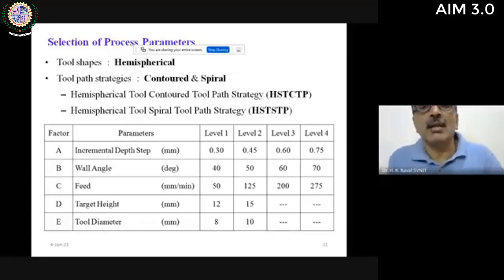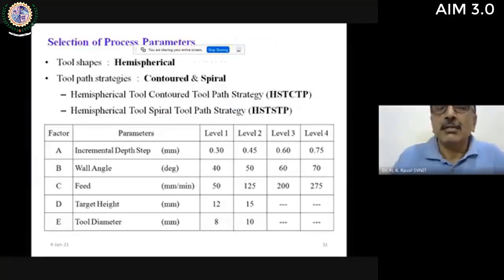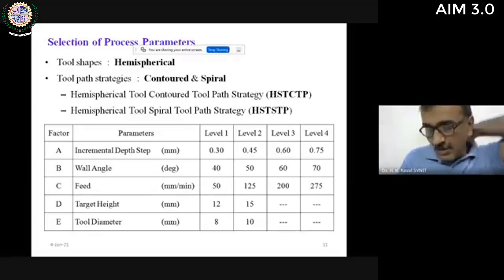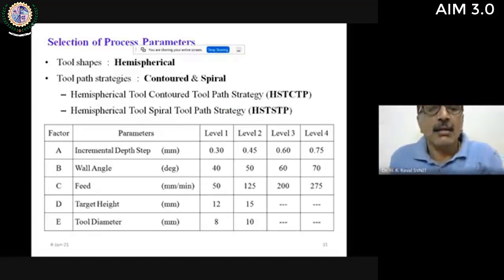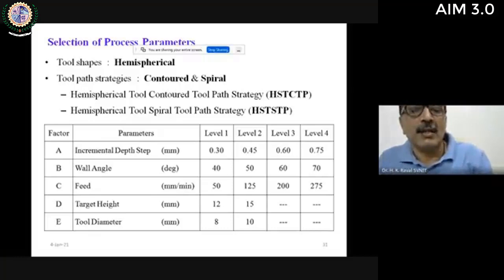This is done with the tool strategy. Again the tool is the same, hemispherical tool, but only contour and spiral tool paths are taken. The spherical tool is not considered here, and the parameters added here are the target height and tool diameter. The tool is changed to different diameters, and then the study was reported.